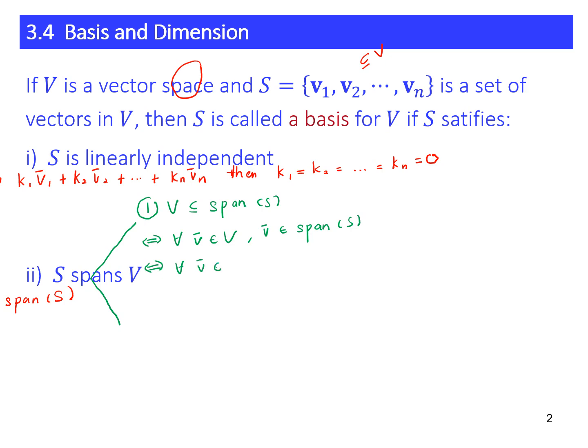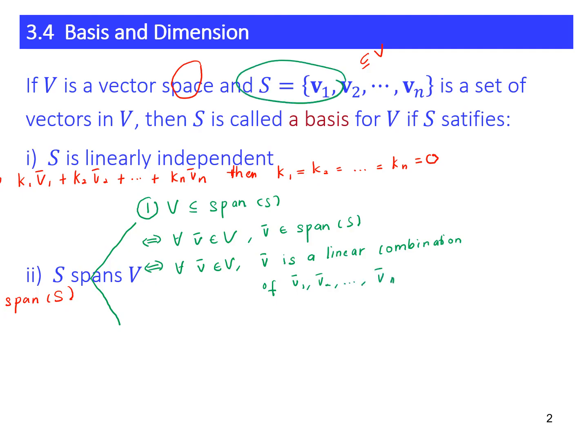For every V in V, V is a linear combination of vectors in S, V1, V2 up to Vn.